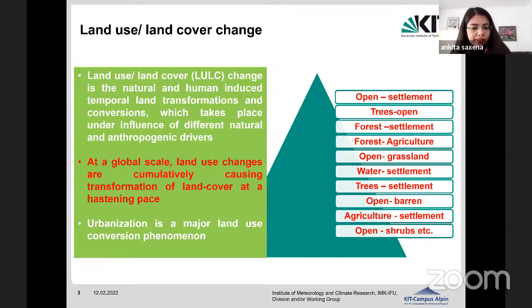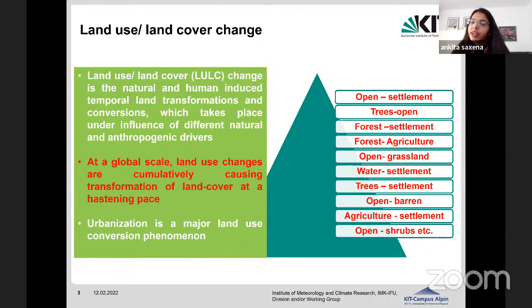Tree spaces are transformed into open land, and forest areas are cut for settlement and also used for agriculture. Open land turns to grassland, water to settlement, trees to settlement. These are land use land cover transformations, and we call this land use land cover change.